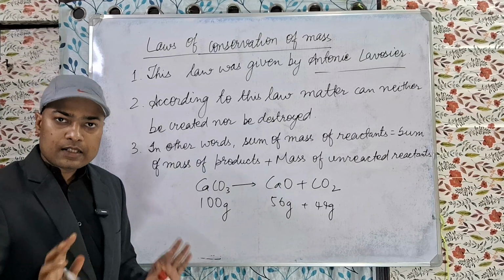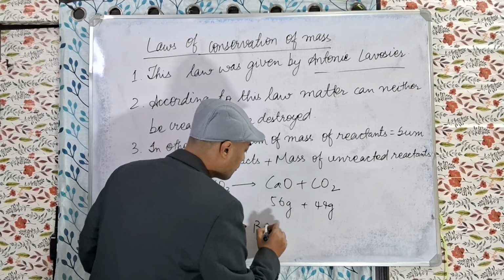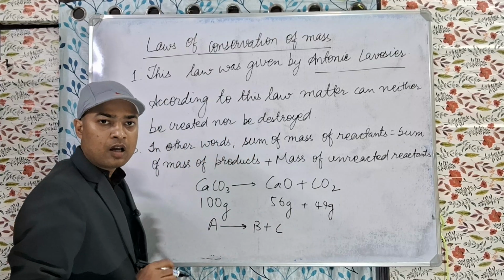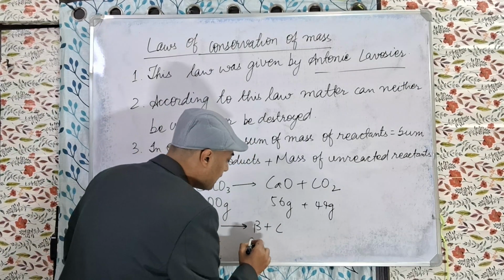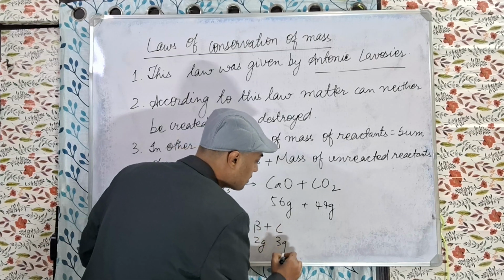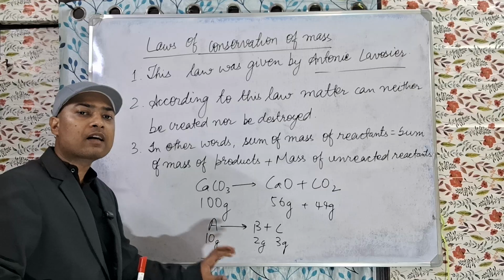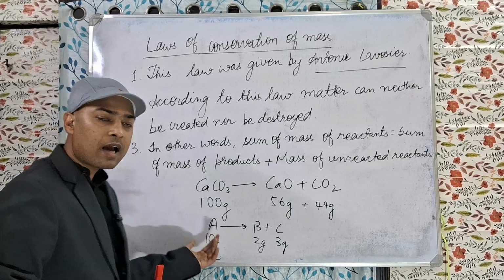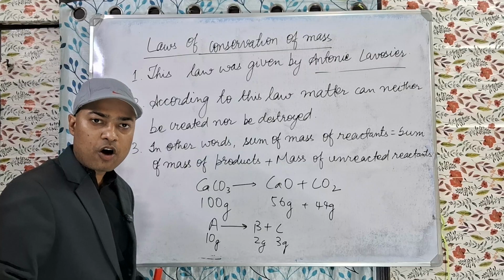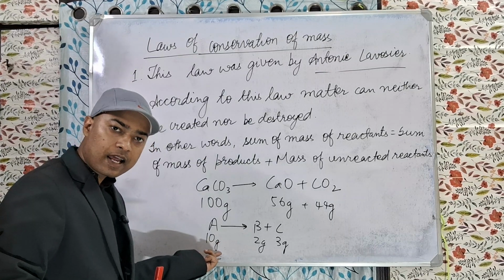Now consider that you have a reactant A and it is giving you product B plus C. Now, if A is 10 gram and B is 2 gram and C is 3 gram, and they ask you what is the unreacted reactant in this case, you will simply apply the law of conservation of mass. What is the mass of reactant? 10 gram.